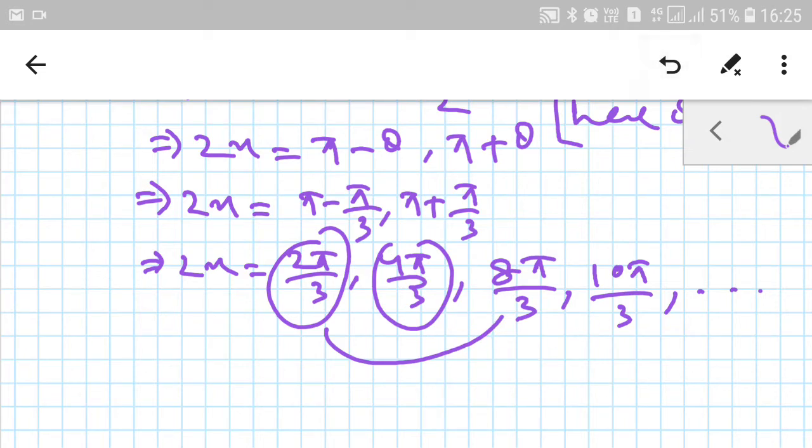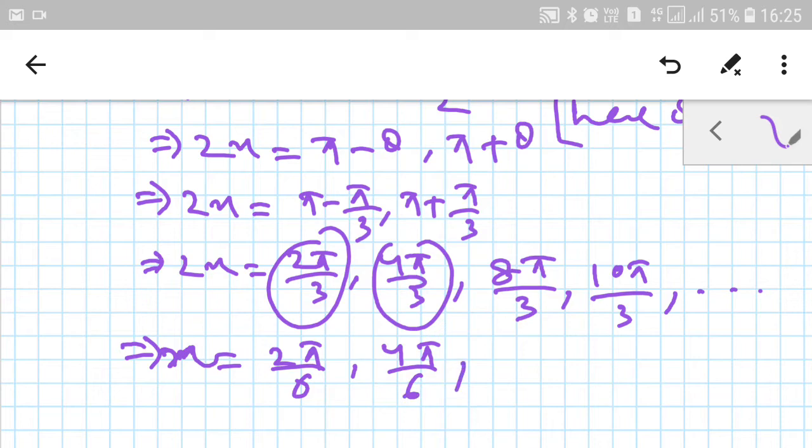So let us proceed further. Here I get x equals, first value 2 pi by 6, second value 4 pi by 6, third value 8 pi divided by 6 and this is 10 pi divided by 6. It goes on like this.